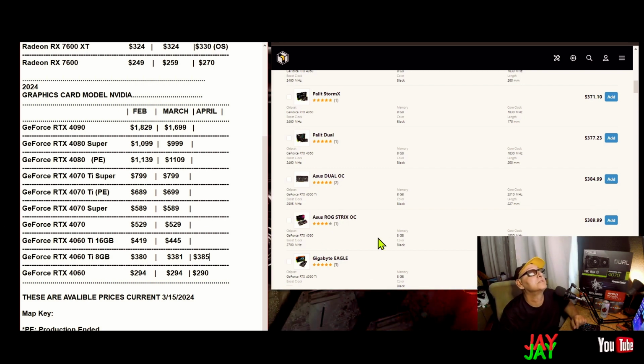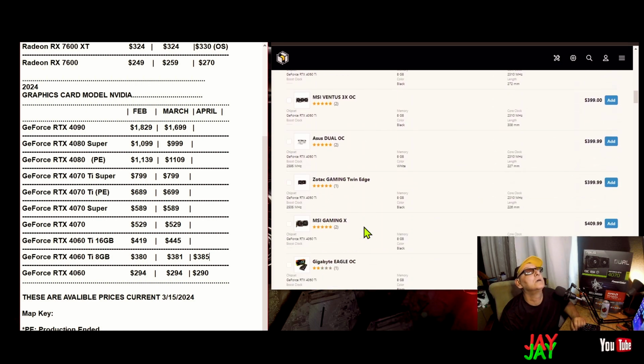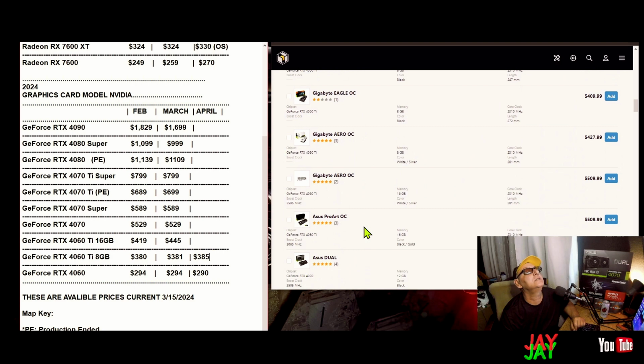So now you know. Let's go on. The 4060 Ti 16 gigabyte, $510. Whoa. So we put a dollar sign here, 510.